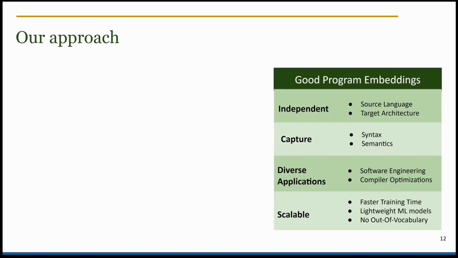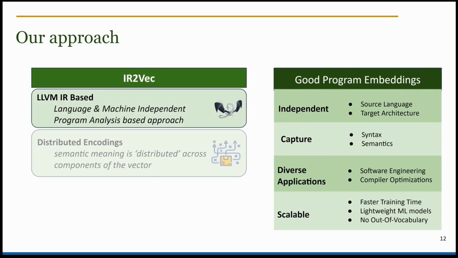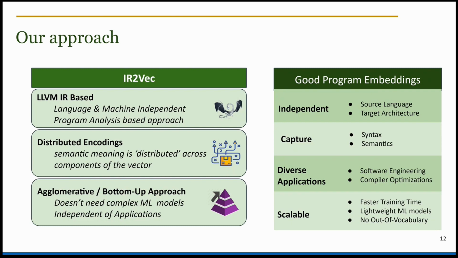Right. So now, after all this background, what are we doing? We propose IR2Vec, which is based on LLVM IR, which makes it language and architecture independent, and also makes it amenable to using program analysis techniques.